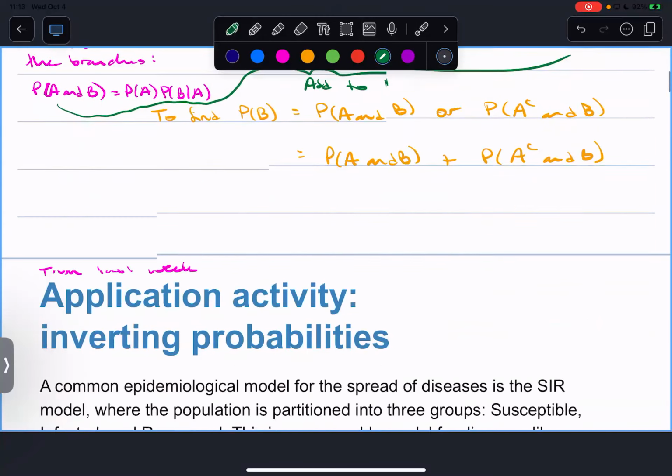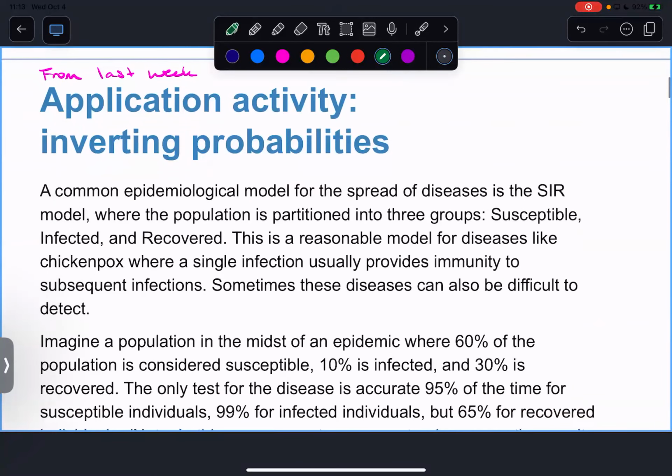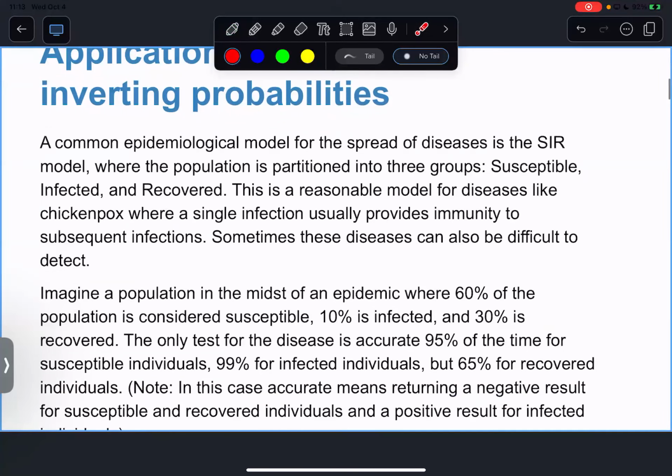I'll start by just walking us through. I'll just hold your hand and walk through this application activity. We're not going to do it because the solutions are here, but I did leave you on that note. So this one's kind of ringing true, right? A common epidemiological model for the spread of diseases is the SIR model, where the population is partitioned into 3 groups: susceptible, infected, and recovered.